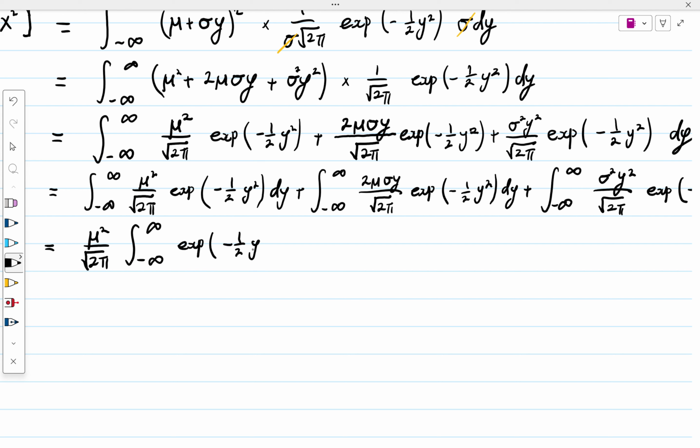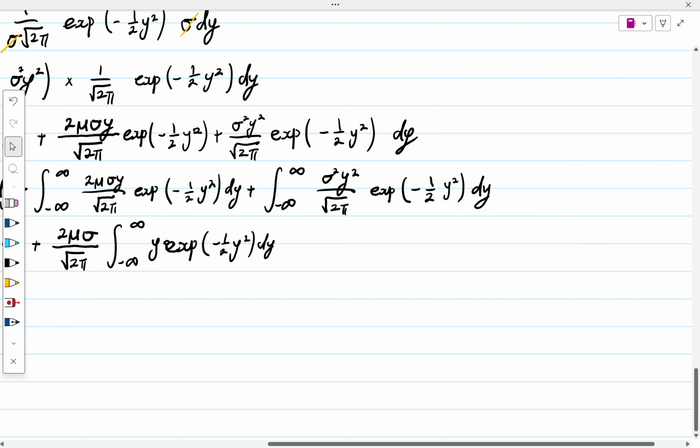Exp of negative a half y squared dy plus, in the second expression here, the y and the exp of negative a half y squared are dependent on what we are integrating with respect to, but the 2 mu sigma and square root 2 pi are not. So that can be rewritten as 2 mu sigma over square root 2 pi times the integral of negative infinity to infinity of y exp of negative a half y squared dy.